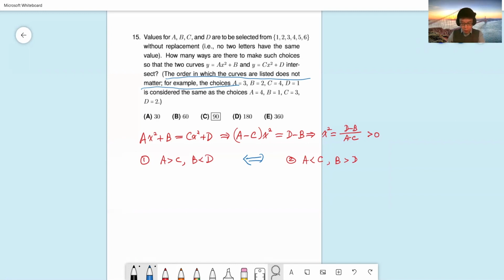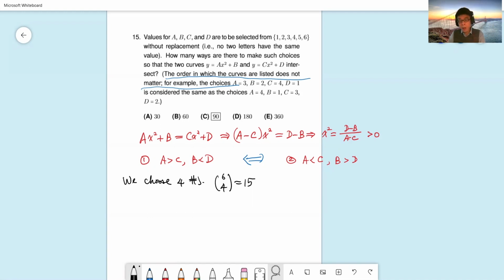Now let's see how many ways we can choose A, B, C, D to satisfy this condition. First, we choose 4 numbers, so 2 numbers are not selected. That means we have 6 choose 4, which is equivalent to not choosing 2 numbers, 6 choose 2, which is 15.